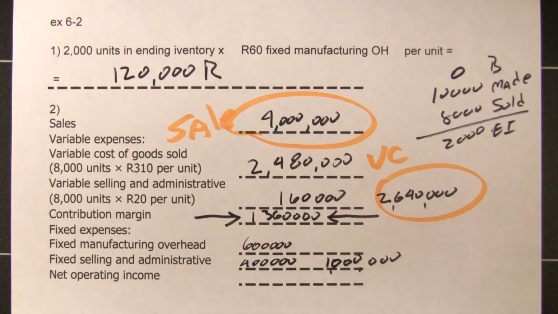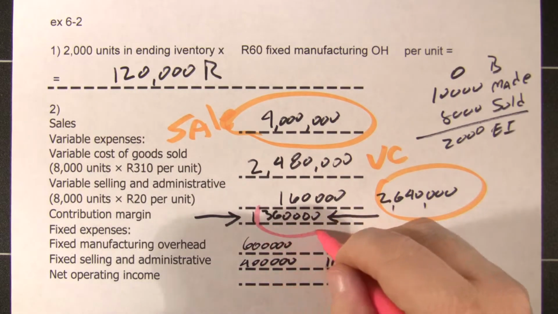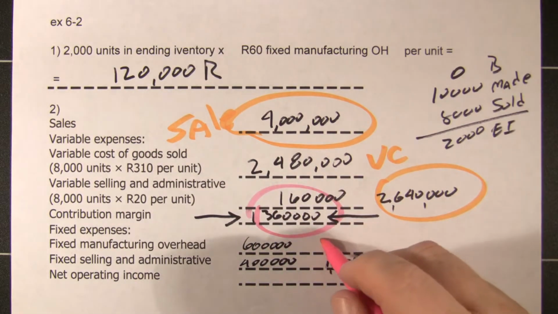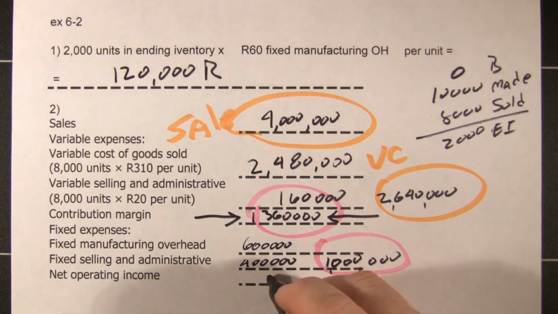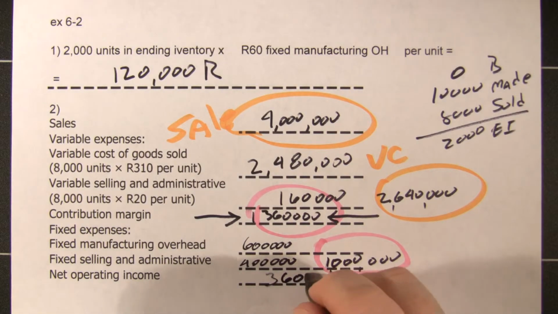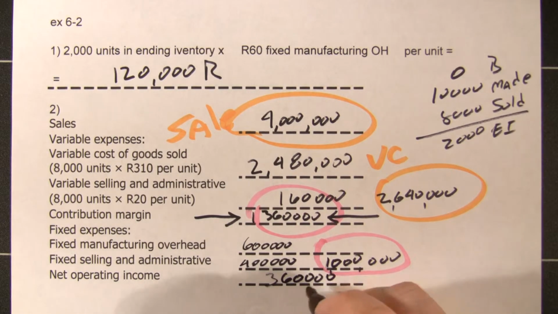So we need to look at our fixed expenses of 1,000,000 and our contribution margin of 1,360,000. Our net operating income is 360,000.